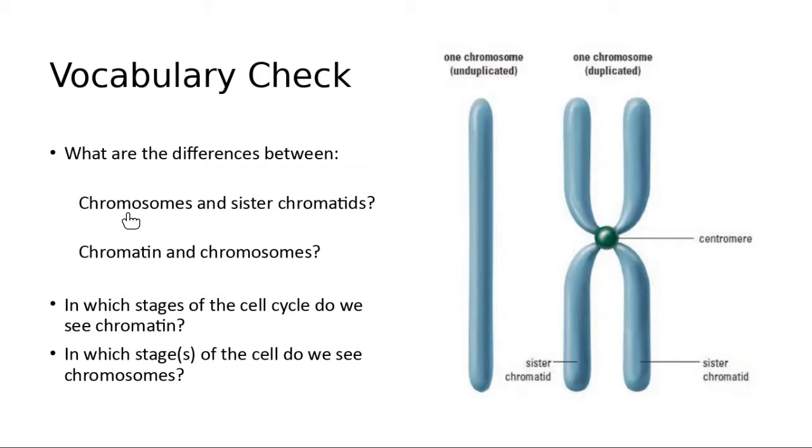Yeah, so basically, and we see this in this picture, right? When we go through S phase of interphase, we duplicate our chromosomes, and then we have the sister chromatids bound together by a centromere, and like you just said, that makes one chromosome. But when we have the unduplicated version, it's also called a chromosome.